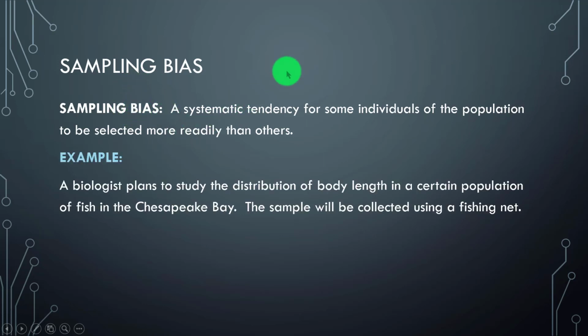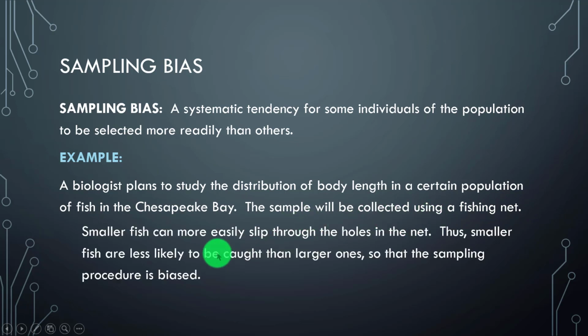Here's an example of a potentially biased sample. A biologist plans to study the distribution of body length in a certain population of fish in the Chesapeake Bay. The sample will be collected using a fishing net. At first look that seems reasonable, right? But this is going to lead to a biased sample because typically fish can slip through the holes in the net when the fish is smaller.